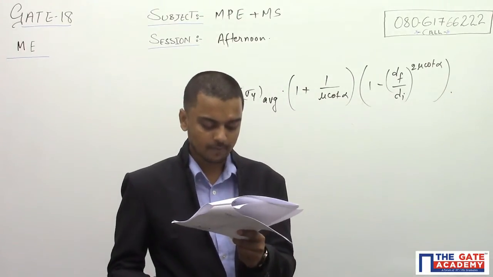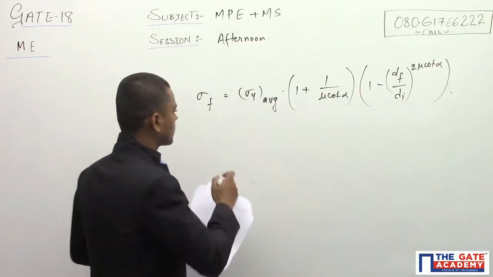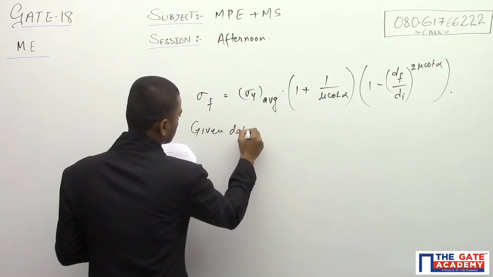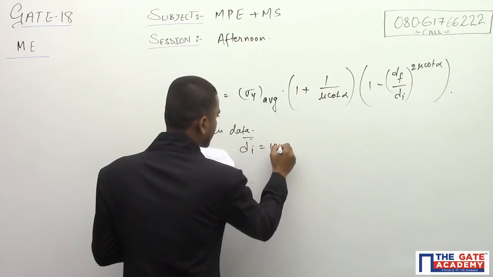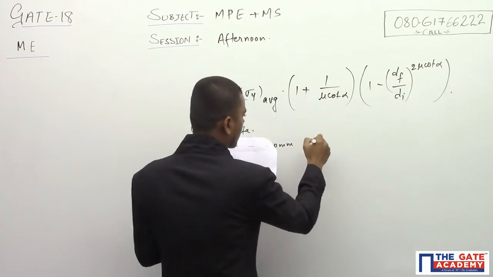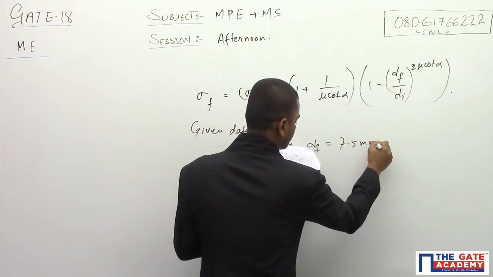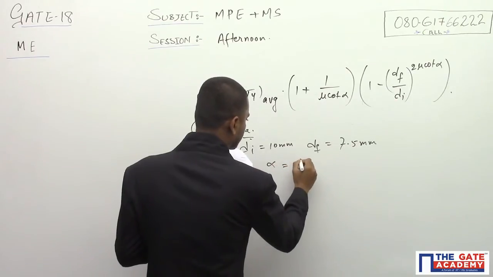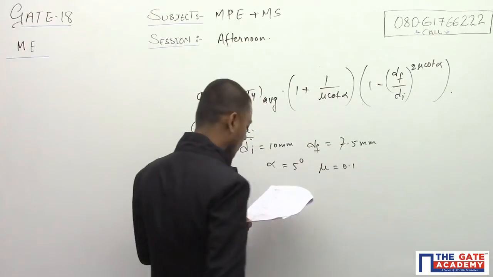Now in this question we have to find out the drawing stress required to carry out this operation. So the given data: we have di equal to 10 mm, final diameter equal to 7.5 mm, half of the cone angle alpha equal to 5 degrees, and coefficient of friction mu equal to 0.1.